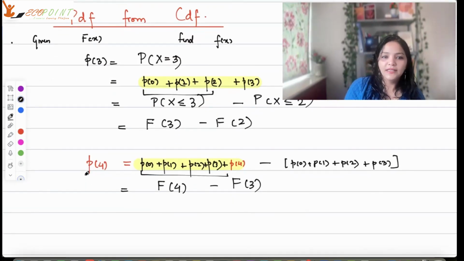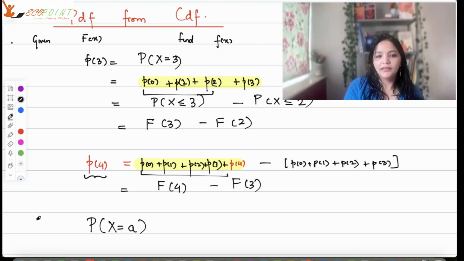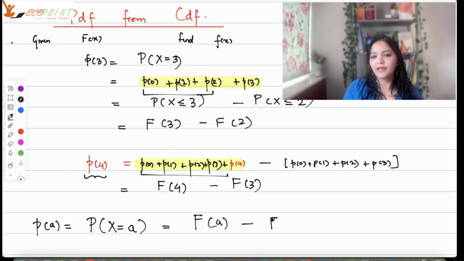So you can see for yourself in discrete random variables, if I want to find the probability x is equal to A, that is the probability mass function at A, this is nothing but capital F at A minus capital F at A minus 1, where A is some integer. This will always happen. This is a generalization that you can keep in your mind whenever you're given a CDF. How do you find the point probability, or the PMF, using the CDF?